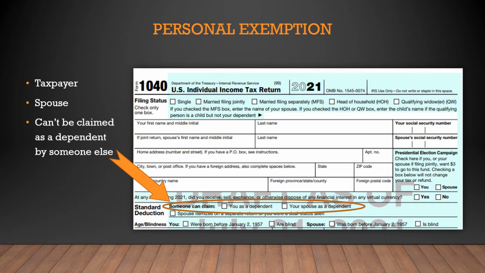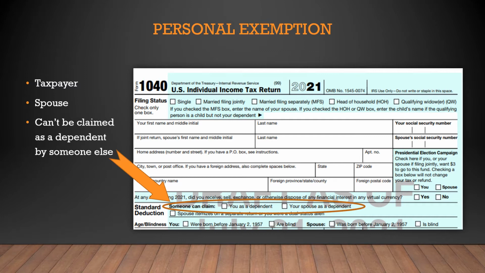It is important to note, though, that a spouse is never a dependent of the other spouse. If the taxpayer and/or spouse can be claimed by somebody else as a dependent, they would not be able to claim the personal exemption. You can see here on the Form 1040 where the box would be checked if that were the case.